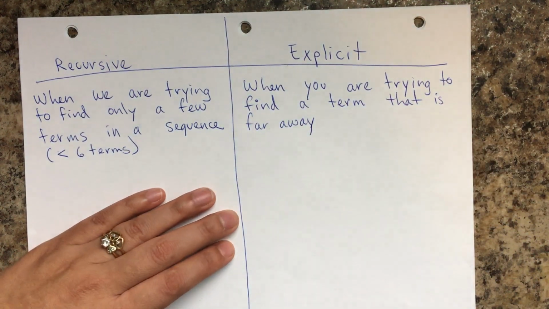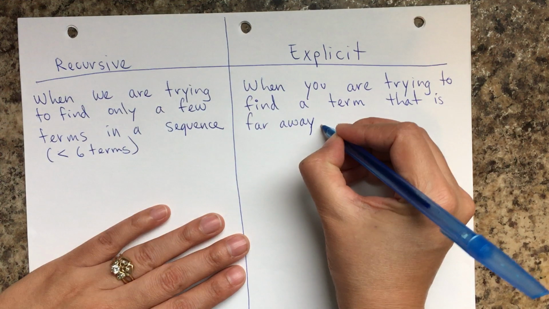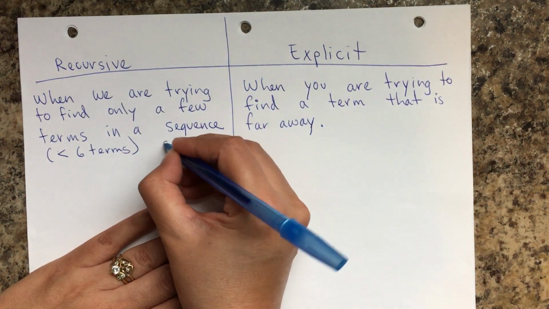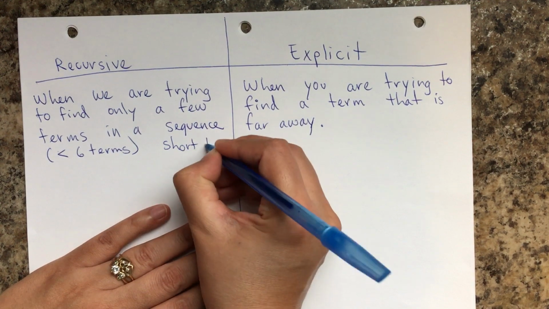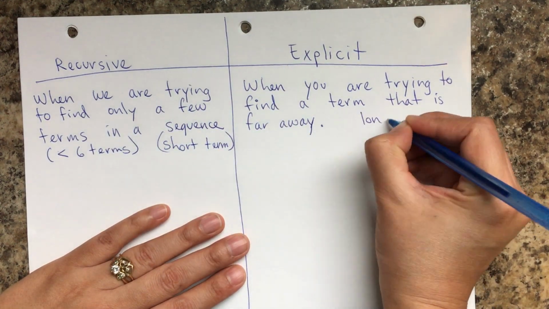For example, if we're talking about the rabbits like before, like how many rabbits will be there after 1,200 years, or how many rabbits will there be after even 100 years. That's far away, right? So we can say that this is short term and this is long term.